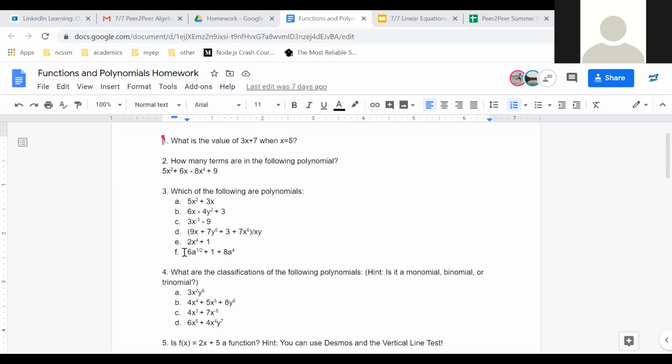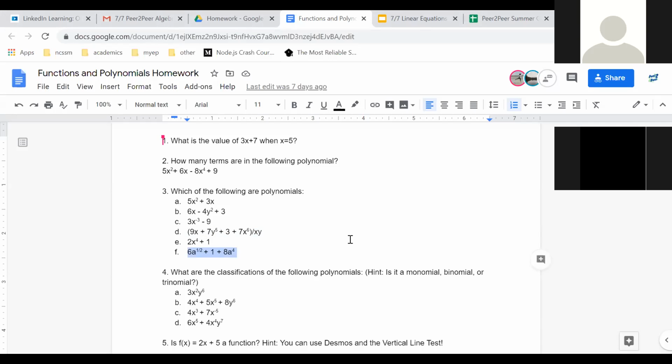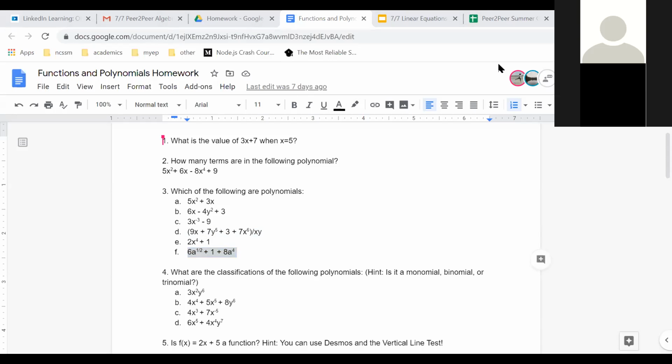Another one that might be kind of tricky is this one, because you see the to the 1/2 here, and you don't really know what to do about that, right? So do you guys think this is a polynomial? No. It is not a polynomial. Okay.